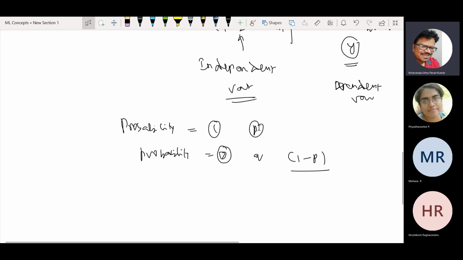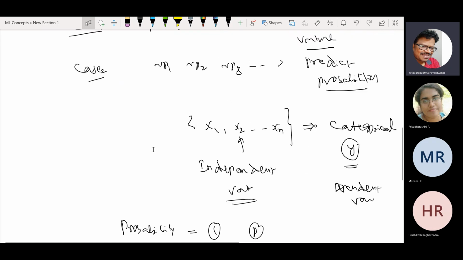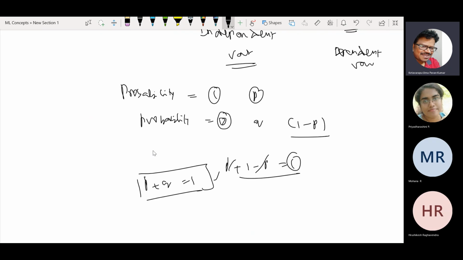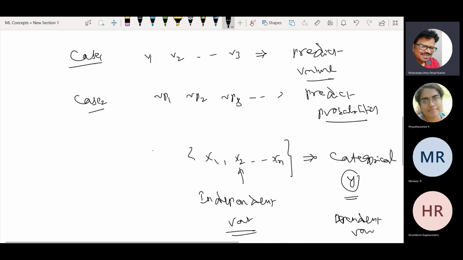So mathematically, we represent the probability of occurrence as P, and Q as the non-occurrence, which is the opposite, 1 minus P. And in a way, P plus 1 minus P should become 1. The probability of occurrence plus non-occurrence equals 1. This is always satisfied.